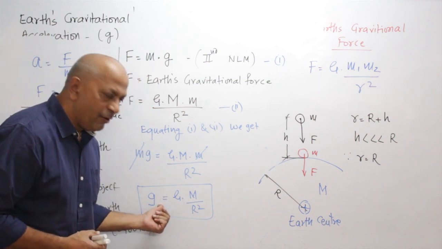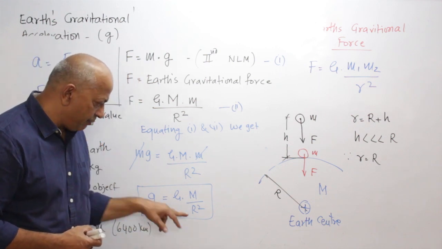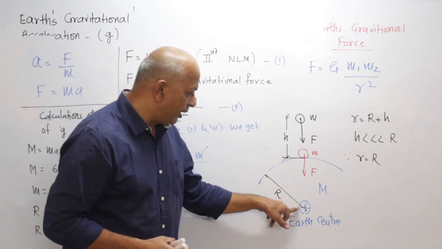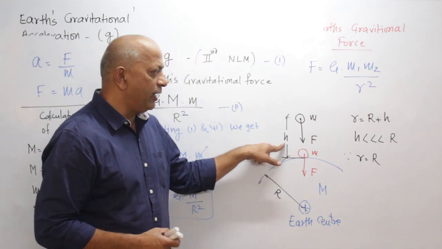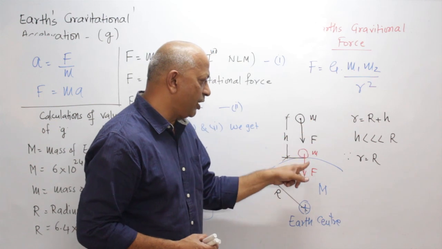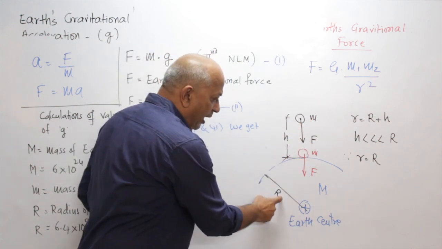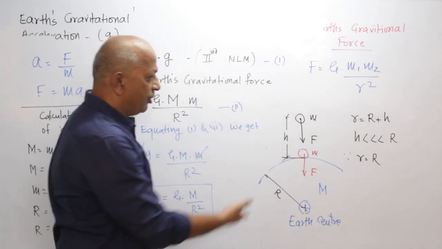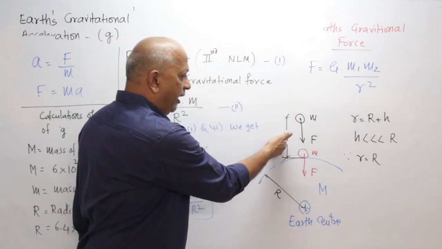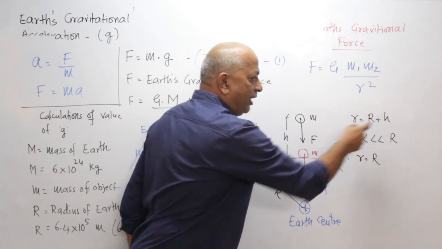In this gravitational acceleration, R is the radius of Earth. Here h is the distance of the object from the surface. If the object is on the surface, this R will be exactly R. At height h, this R will be R plus h.